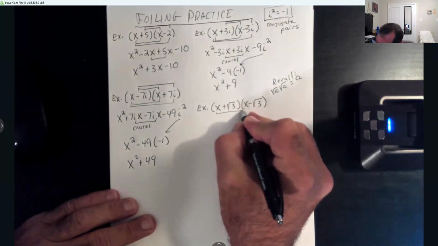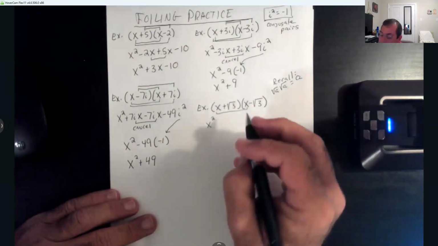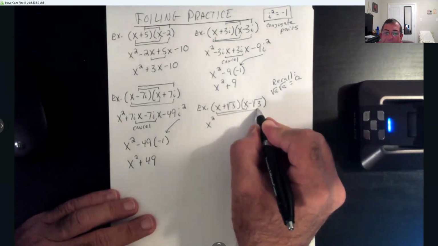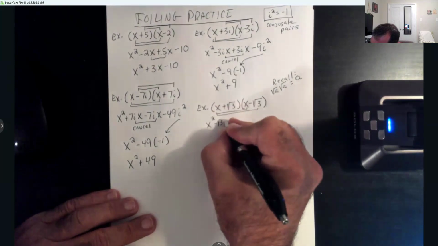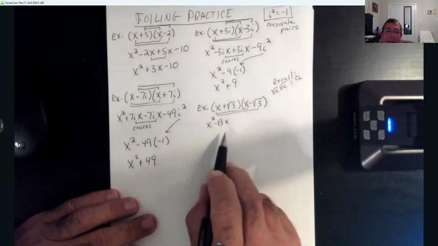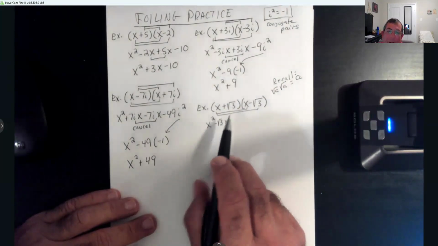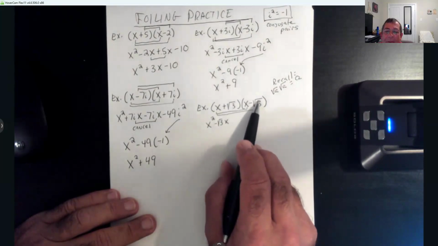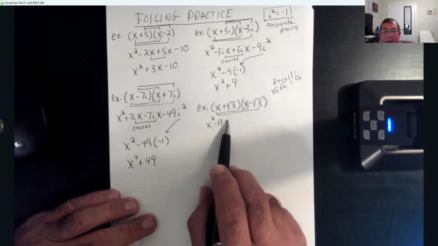Watch this. x times x is x squared. x times a negative square root of 3 is a negative square root of 3 times x. The x does not go under the radical. Things on the outside cannot multiply by things on the inside of the radical, okay? So the x has to stay on the outside.